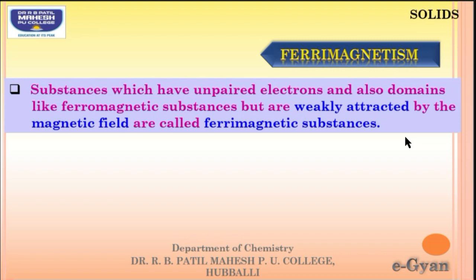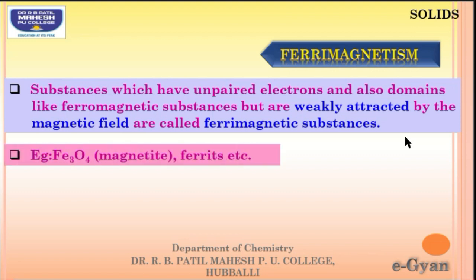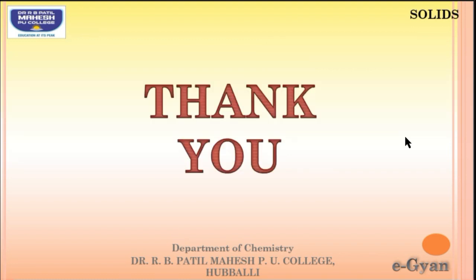That means they show the property of paramagnetism, whereas antiferromagnetism shows the property of diamagnetism. So these types of substances, which are weakly attracted by the magnetic field even though they should act as ferromagnetic, are known as ferrimagnetic substances. And the examples are magnetites and ferrites.